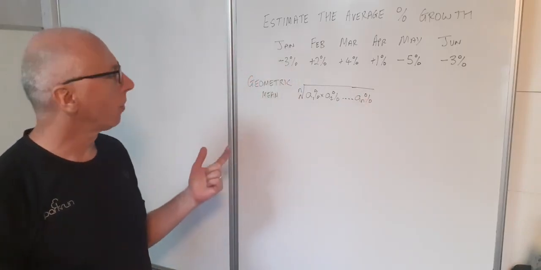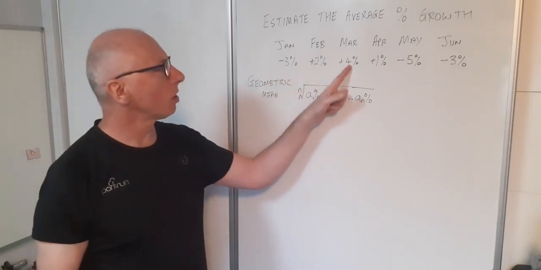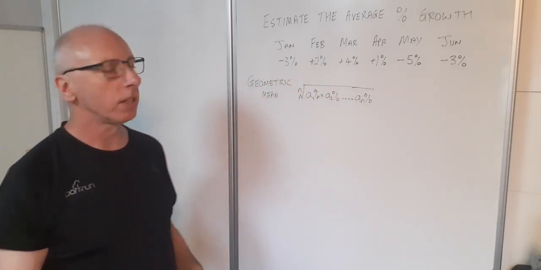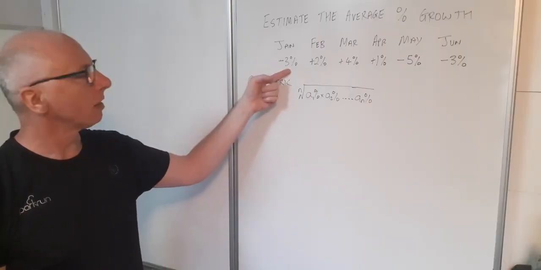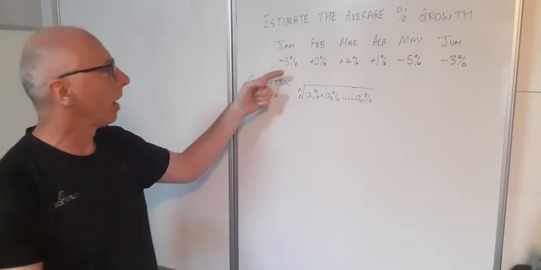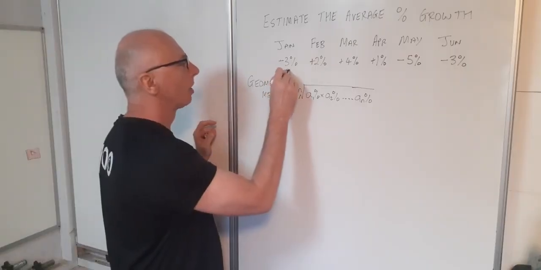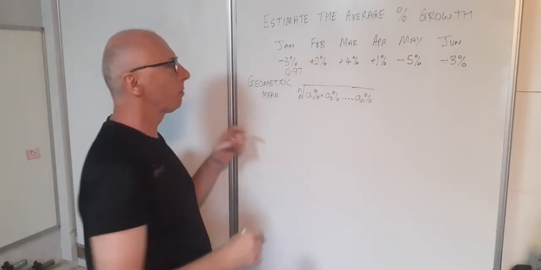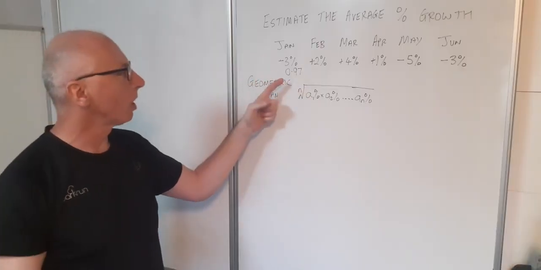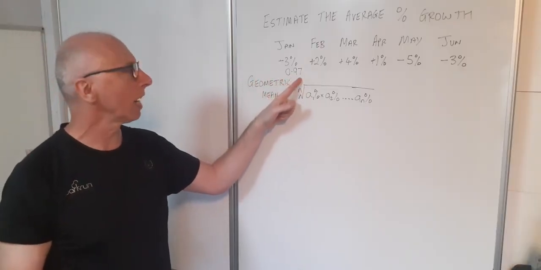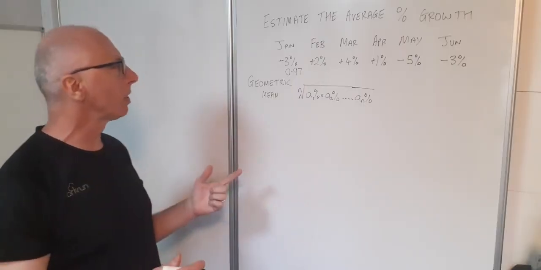So first thing to do is to write these in terms of percentages, in terms of their multiplier. So something that's down 3% would give you a multiplier of 0.97. So if you times something by 0.97, you get 3% less than you started with. So if you times 100 by 0.97, you get 97, hence it's come down 3%.